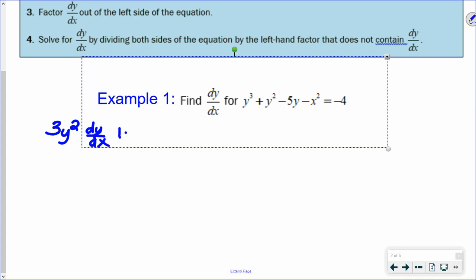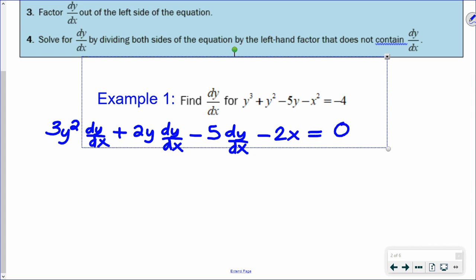Okay, plus the derivative of y squared is 2y, but then times dy over dx. Okay, derivative of negative 5y is negative 5 times dy over dx. Okay, derivative of negative x squared is just negative 2x equals, and derivative of negative 4 is 0.